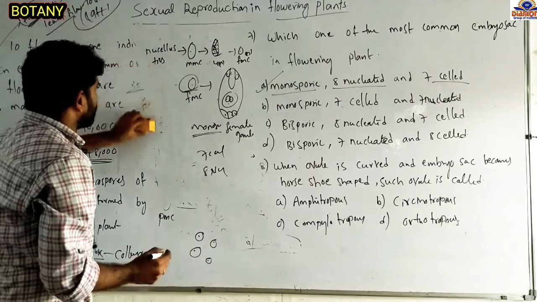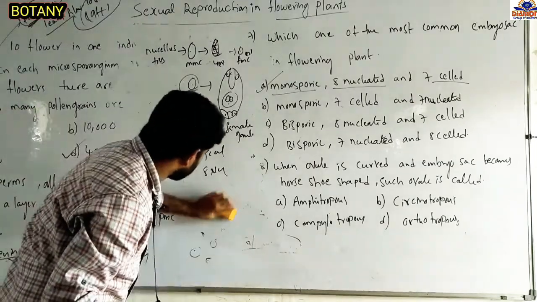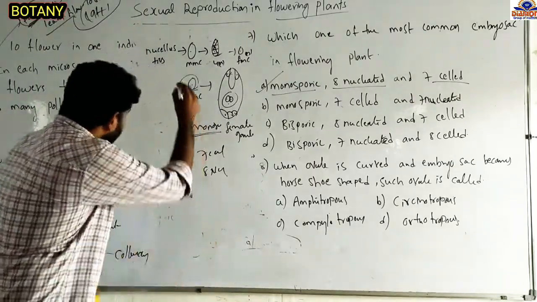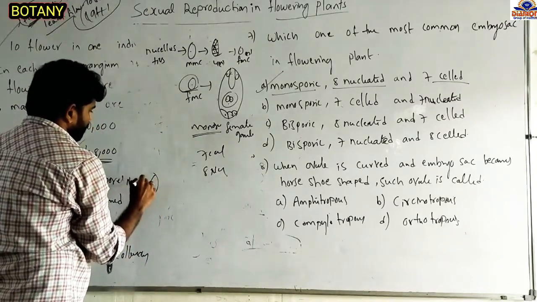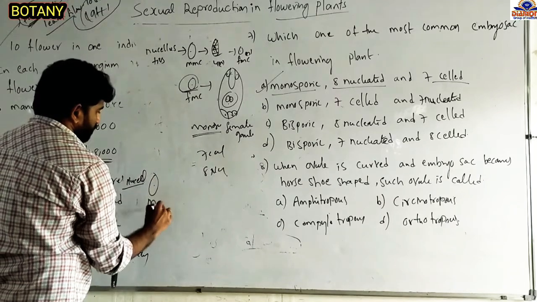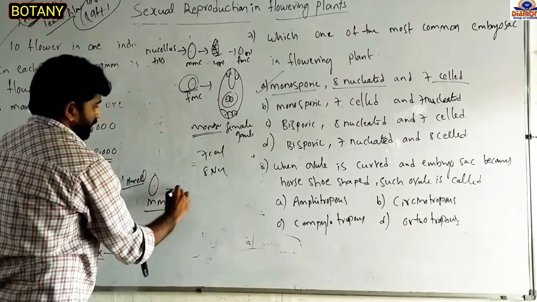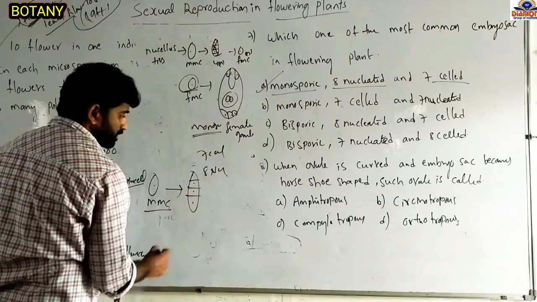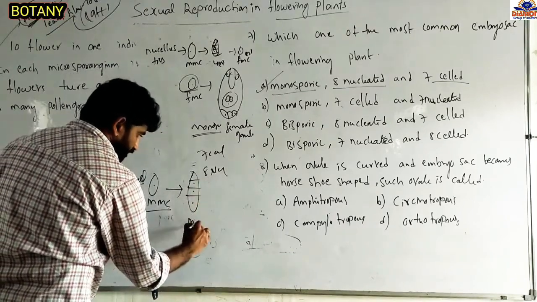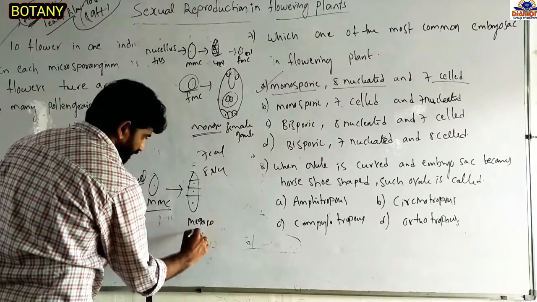Here, at the time of development of the female gametophyte in a bisporic manner, nucellus tissue gives rise to a megaspore mother cell, and this megaspore mother cell again undergoes meiotic division and produces a megaspore tetrad.